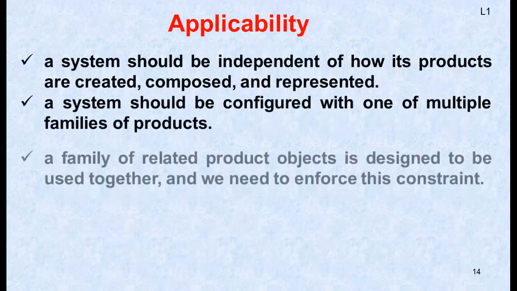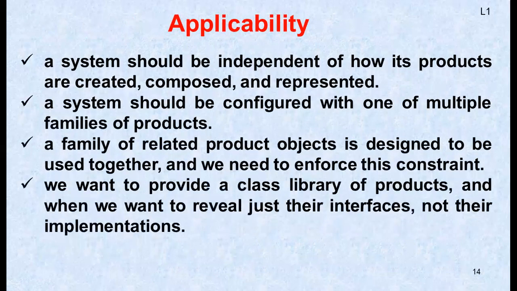We use the abstract factory pattern when a system should be independent of how its products are created, composed and represented. We use it when a system should be configured with one of multiple families of products.